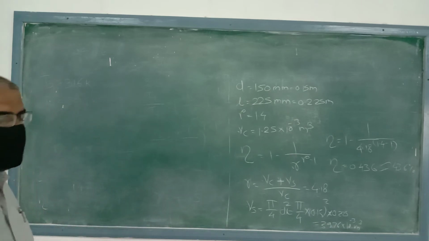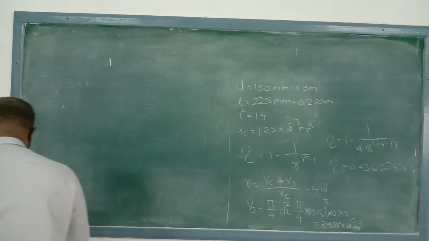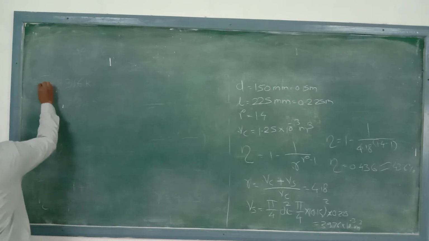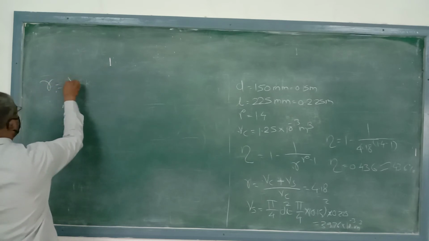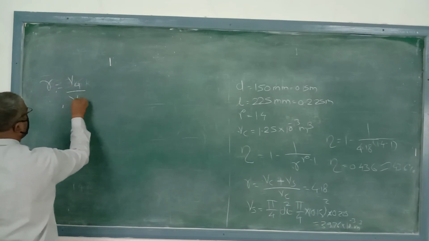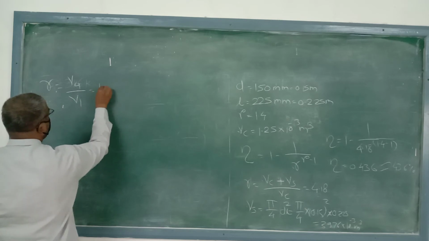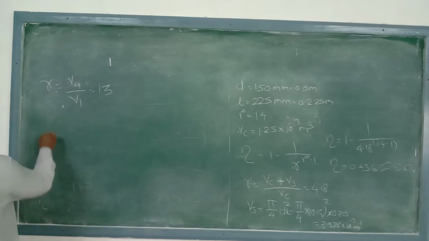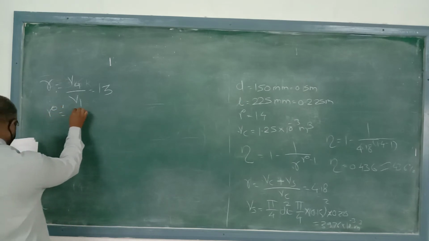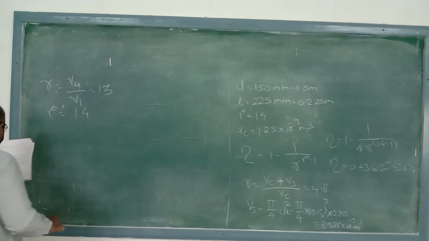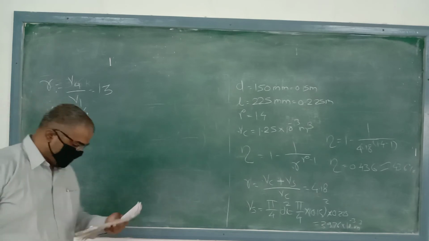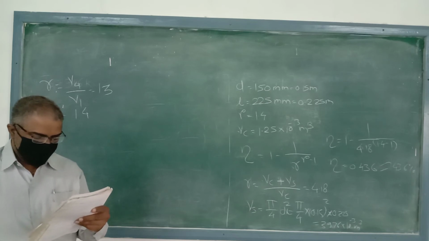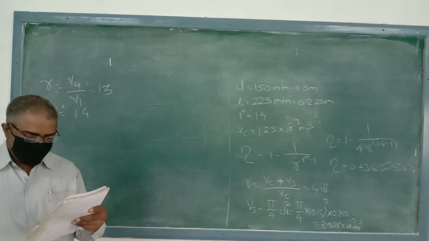So first, we are going to note down the things they have mentioned. Compression ratio they have given, R, for the diesel cycle. Next, gamma value is mentioned. Now this is interesting. They are saying that the fuel is cut off at 8% of the stroke.